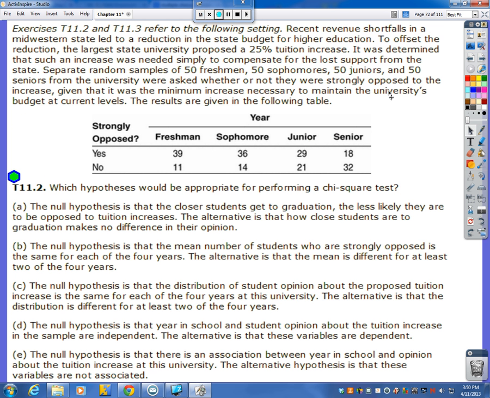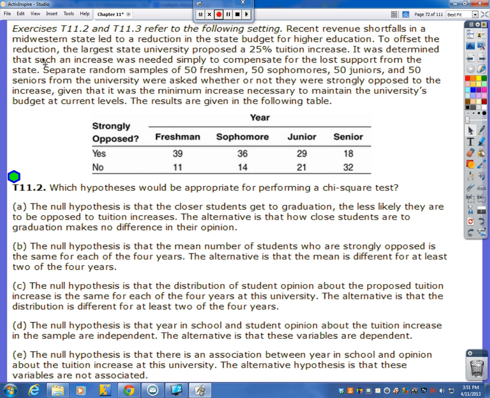Now, problems 2 and 3 use the same initial information here. So let's read through this. Recent revenue shortfalls in a Midwestern state led to a reduction in the state budget for higher education. To offset the reduction, the largest state university proposed a 25% tuition increase.